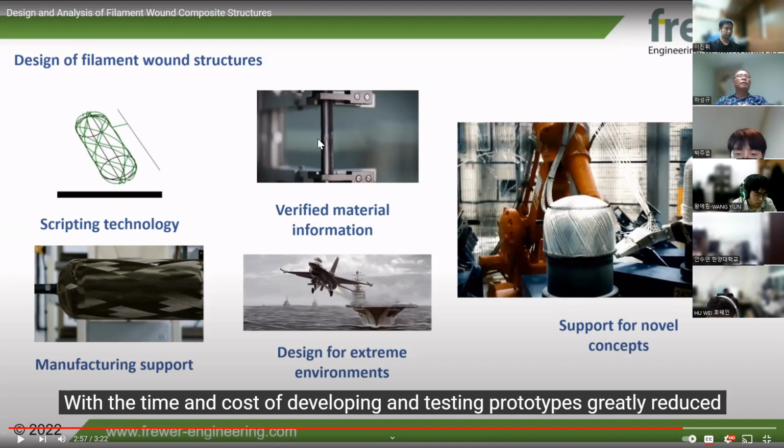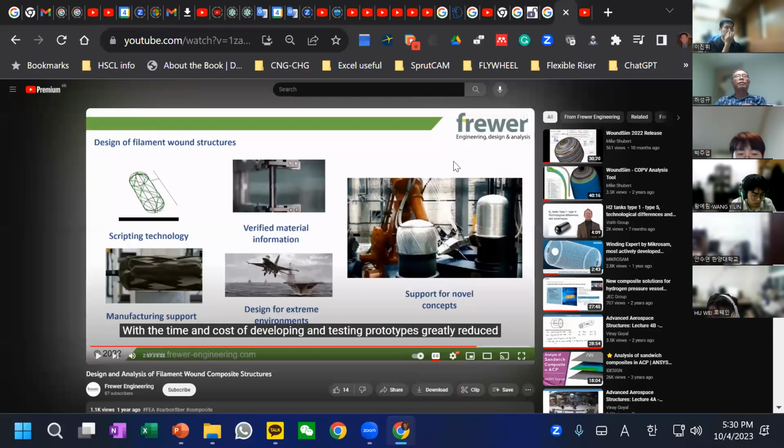And then depending on the application, we have to understand manufacturing procedures. And we have to understand the requirements, how much pressure is in there, what the temperature is, and so on. So it applies to any composite structures.